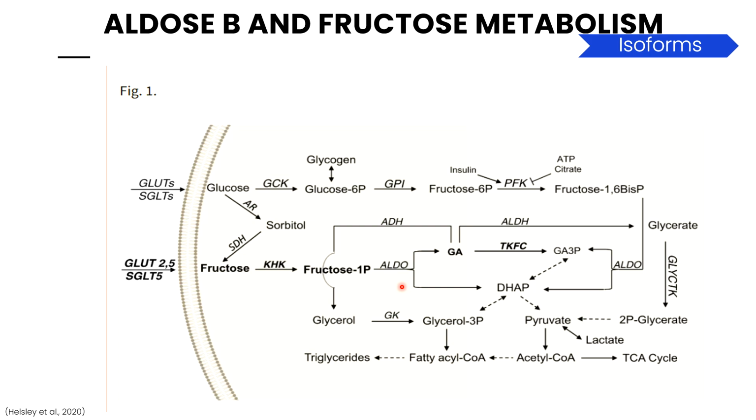This helps explain the tissue pattern that we saw on the previous slide. ALDO-B is especially relevant in major fructose-metabolizing tissues because it provides an important connection between fructose metabolism and the metabolic pathways that we have already been studying.